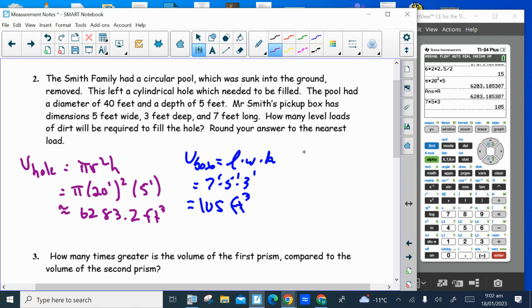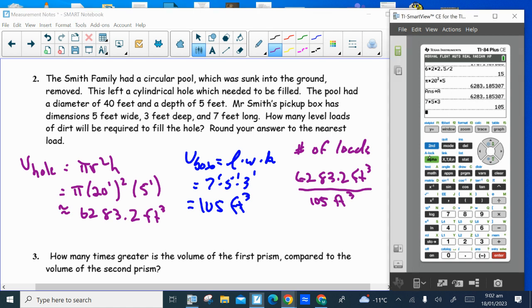So again, to get the number of loads that he needs to fill up that hole, we will divide. Take the 6283.2, which I stored into memory slot A, and divide it by the previous answer, which is 105.